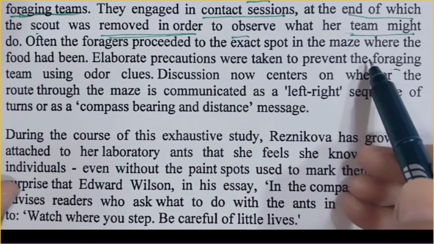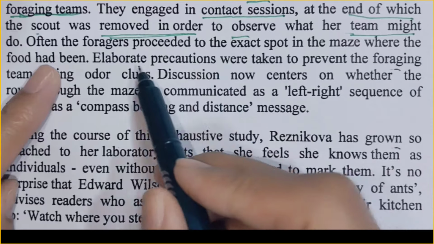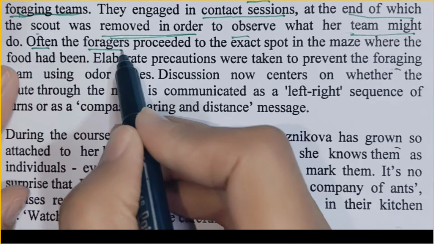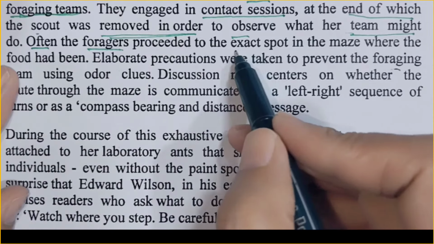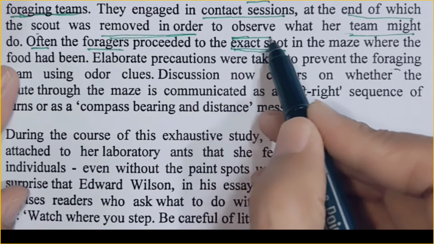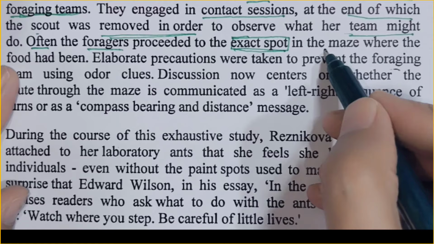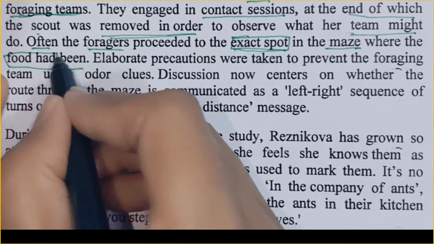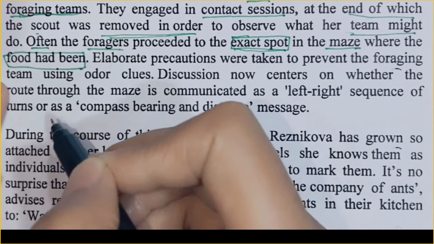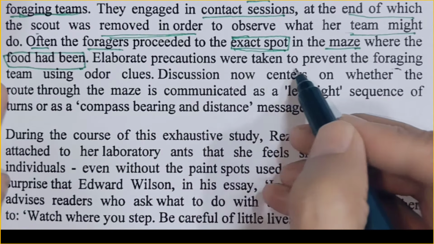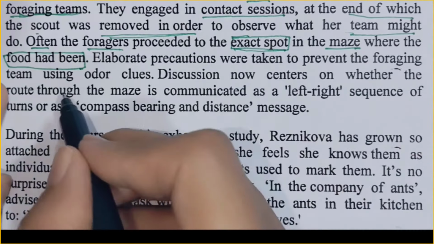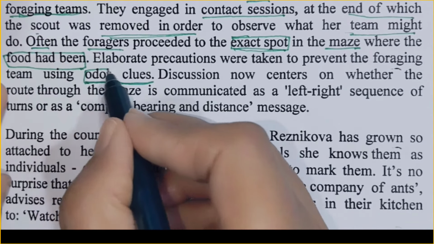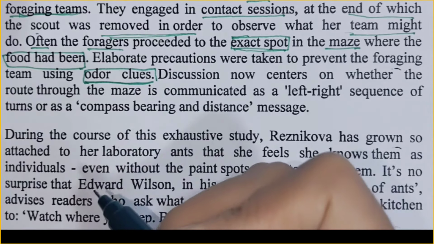So often the foragers proceeded to the exact spot in the maze where the food had been. Elaborate precautions were taken to prevent the foraging team using odor clues. So they used odor clues to find out where the food is.